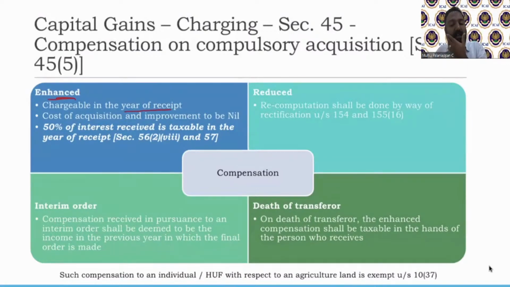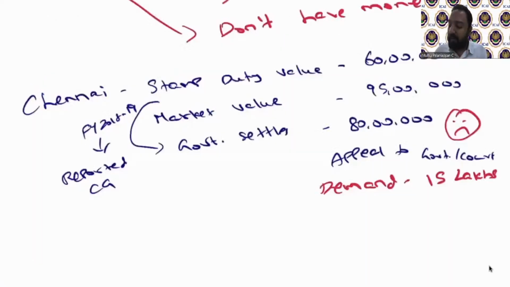Now, in this case, what will be the cost of acquisition? When I filed in the previous year 18-19, I would have included my entire cost, whatever it was. So now, when I'm receiving this demand in financial year 22-23, my cost will be nil.